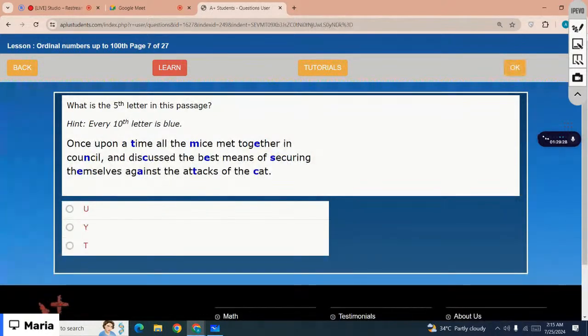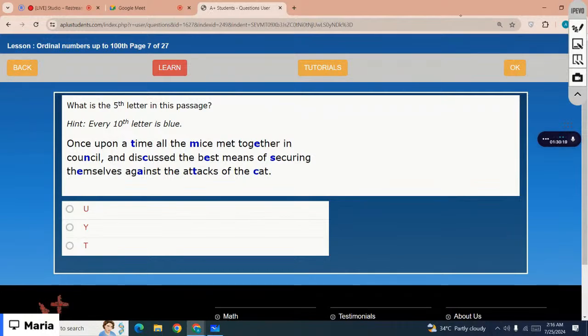What is the fifth letter in the passage? So, which is the correct option? U is the correct option.